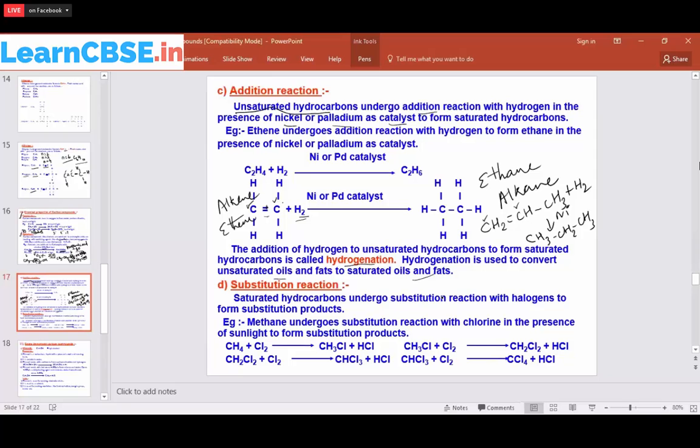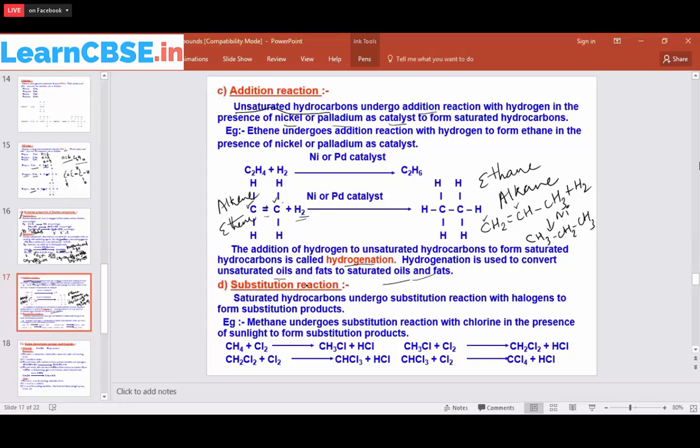If we consume oil with double bonds, many reactions take place in our body. So they do the hydrogenation reaction on the unsaturated oils and fats so that it becomes the saturated one. We use hydrogenation to prepare saturated oils and fats.